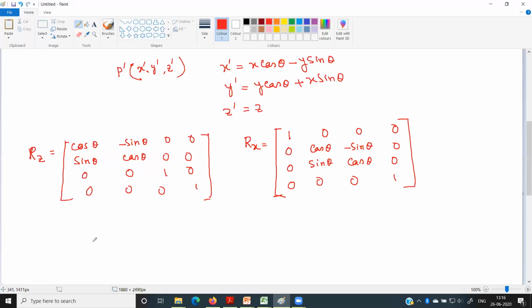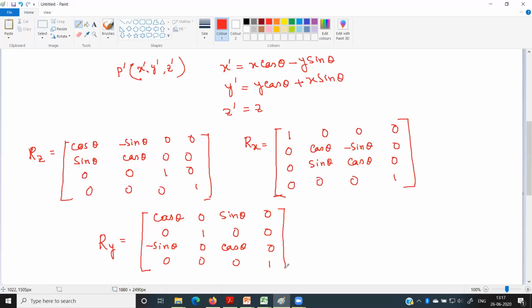And the rotation matrix along y direction will be cos theta, 0, sin theta, 0; 0, 1, 0, 0; then minus sin theta, 0, cos theta, 0; and 0, 0, 0, 1.